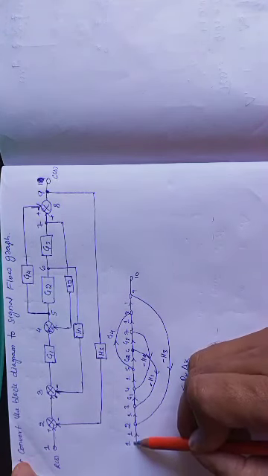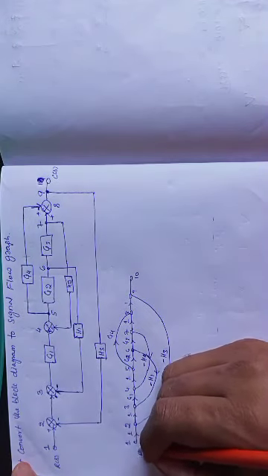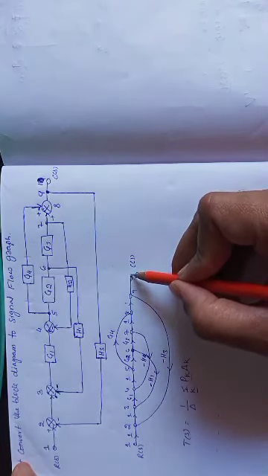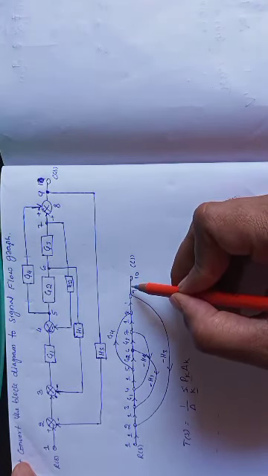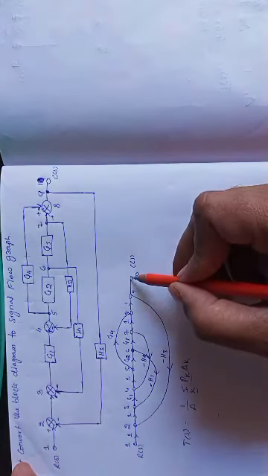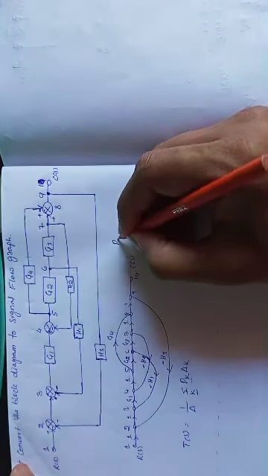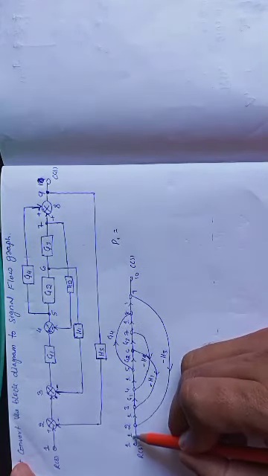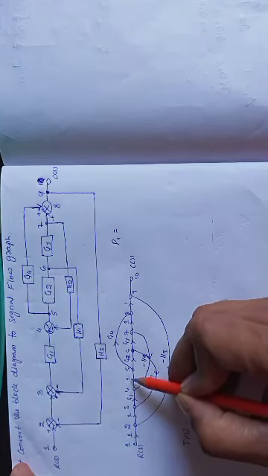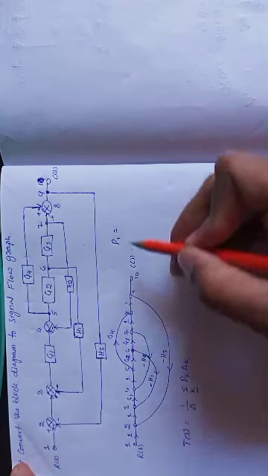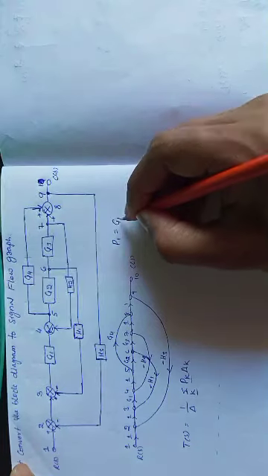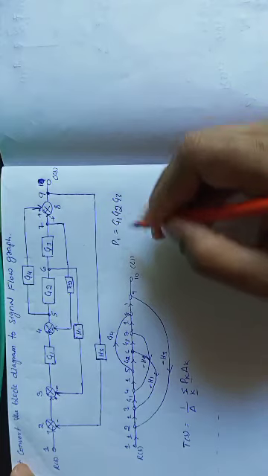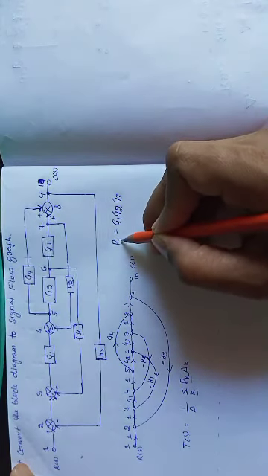Now you see from input to output, the first straight path in the signal flow graph is the first forward path, that is P1, and its gain you just multiply. It is 1 into 1, G1, G2, G3, that is G1, G2, G3 are the gain of the first forward path.